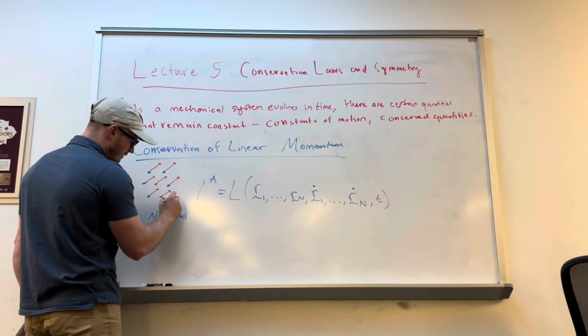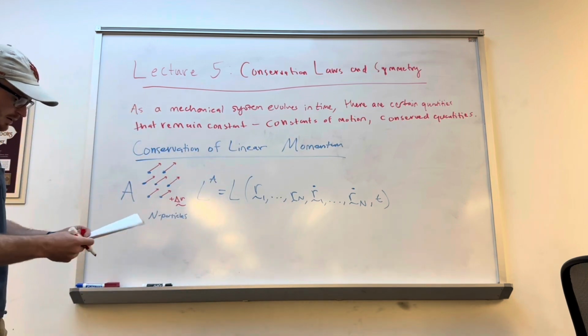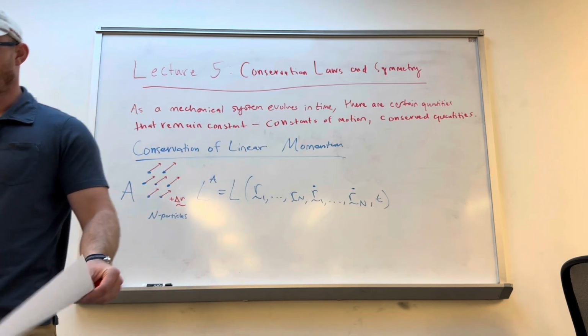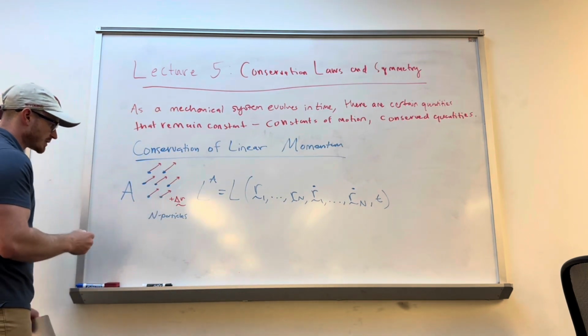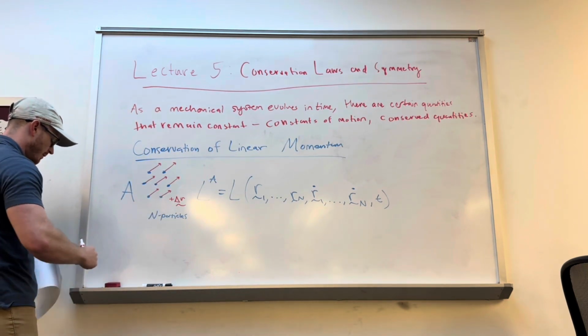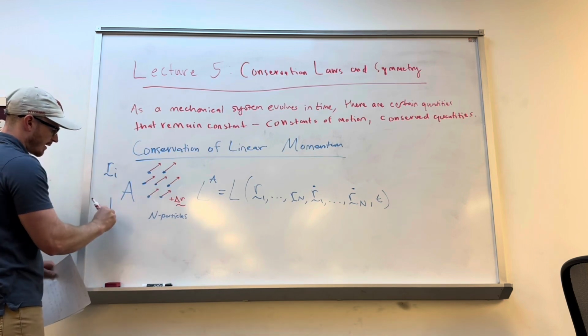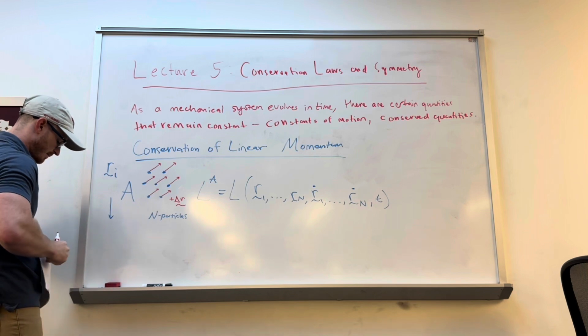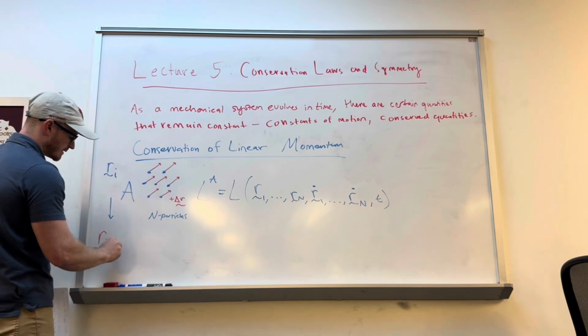So we're going to take everything and add delta r to it. Well, all that means is that in our original system, our positions were just at r_i. But now in our new system, the positions are at r_i plus delta r.